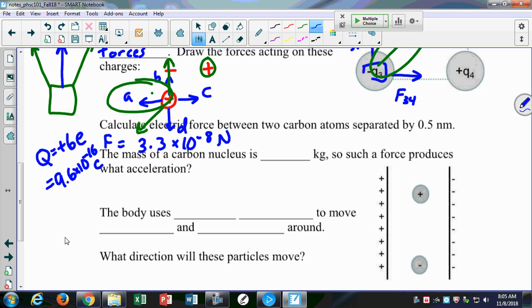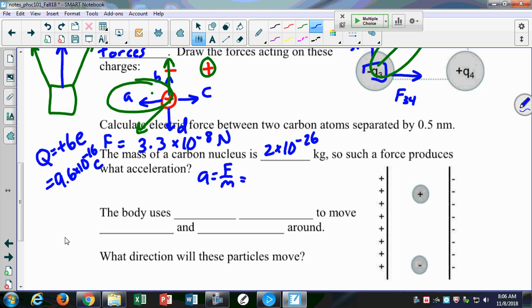But the carbon nucleus is really, really small. It doesn't have a very big mass at all. Its mass is like 2 times 10 to the minus 26 kilograms. So even though I have such a tiny little force, it causes a big difference in the motion of the carbon nucleus because I can find the acceleration. Remember, acceleration is F over m. That's Newton's second law, F equals ma. So a equals F over m.